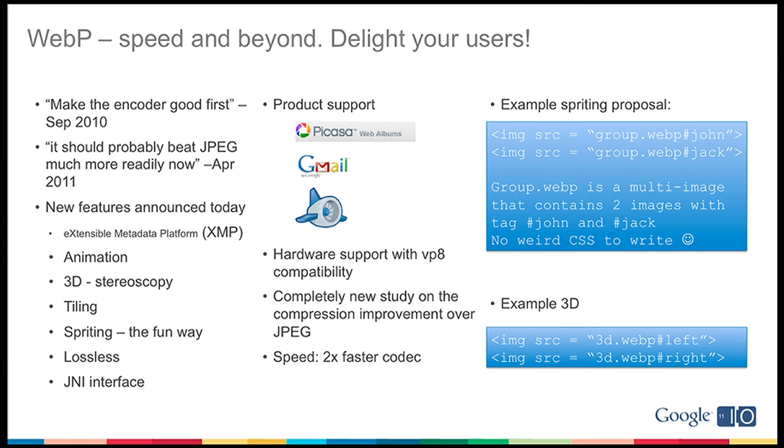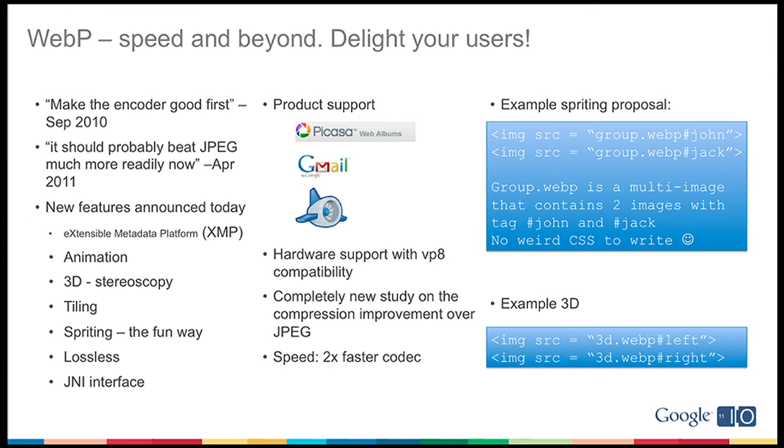Last week, one of the engineers added a JNI interface, which we think is cool. And we're adding lossless so that we can have better transparency support. On the product side, Picasa Web Albums, Gmail, and Google App Engine are adding support. Picasa Web Albums already has it, as well as Gmail. Google App Engine is going to have that support soon.